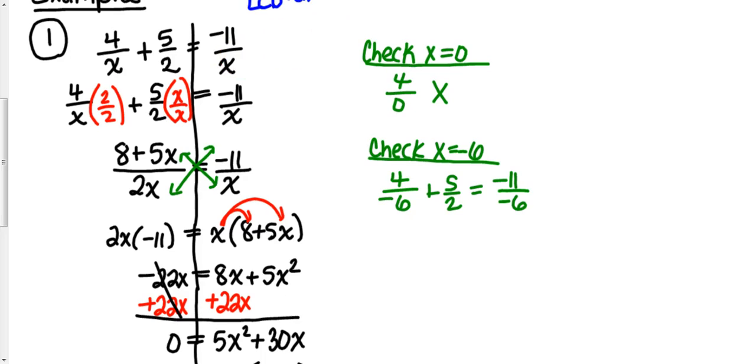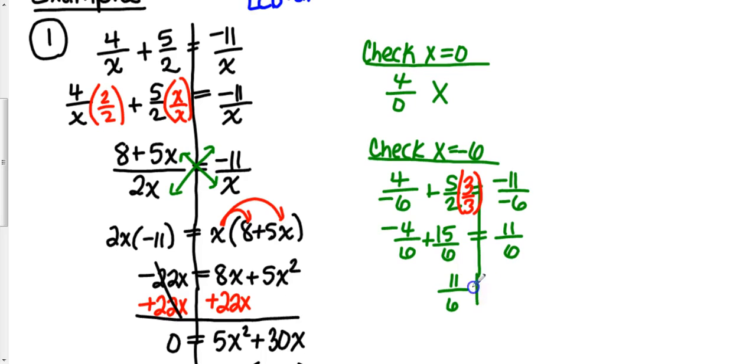If you would like to keep moving forward to check for accuracy, you definitely can do that. To get common denominators, we'll multiply this by 3 divided by 3. So that'll be negative 4/6 plus 15/6 equals a positive 11/6, since negative divided by negative is positive. Combining my terms here on the left, we do get left equals right.